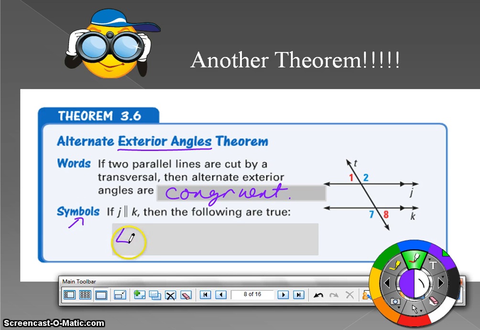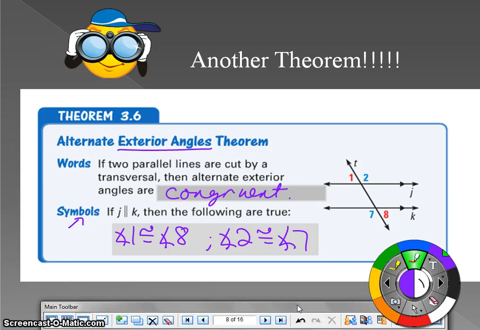Use that color coding. Angle 1 is congruent to angle 8, and angle 2 is congruent to angle 7.